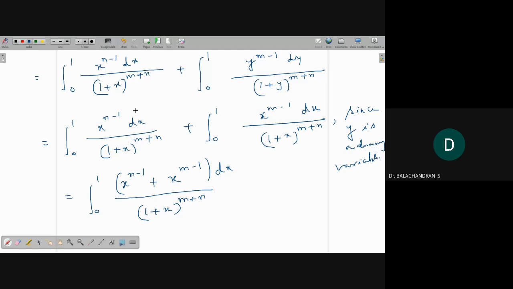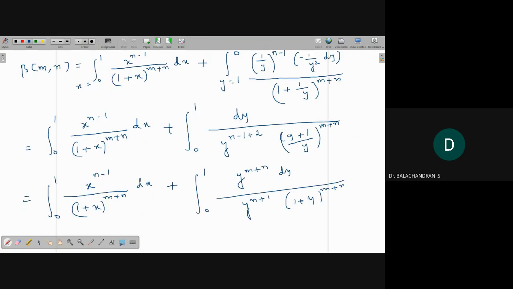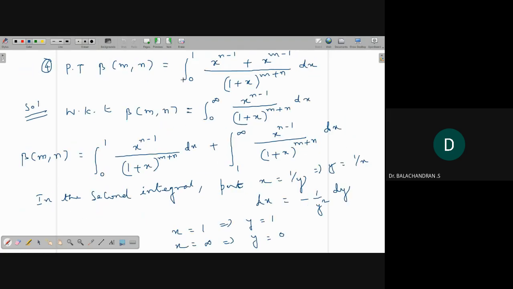The numerator is different, but the denominator is the same, and the integral is also the same. That's why I can add the numerators. What is the left hand side? Beta of m comma n. I need to prove beta of m comma n equal to the integral from 0 to 1 of x power m minus 1 plus x power n minus 1 by 1 plus x whole power m plus n dx.